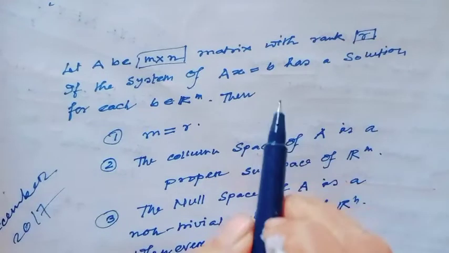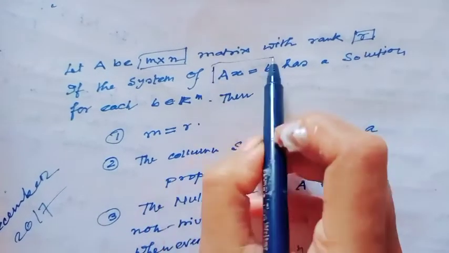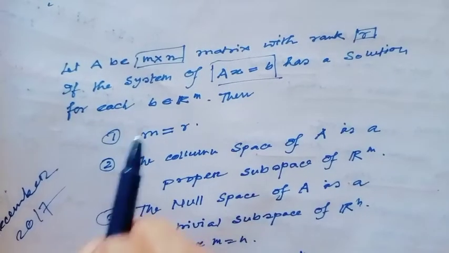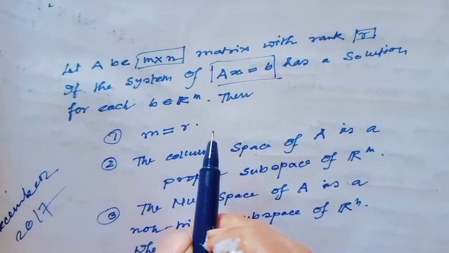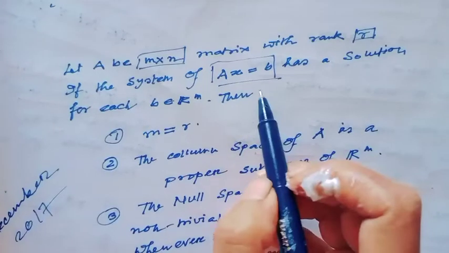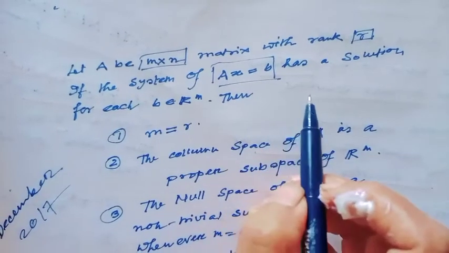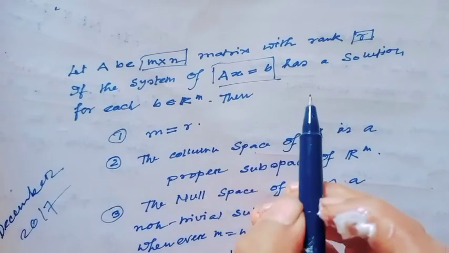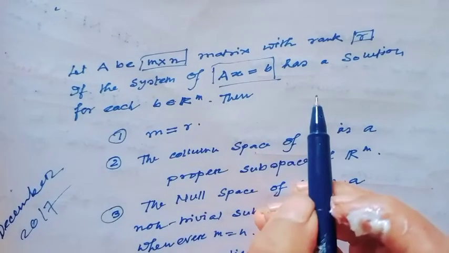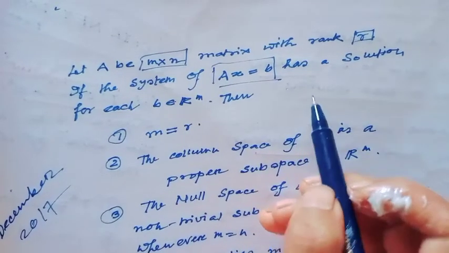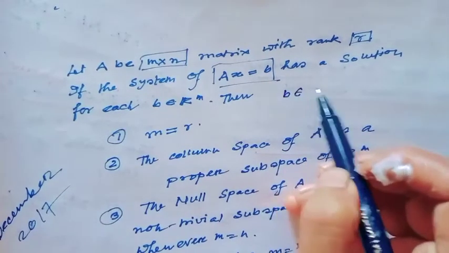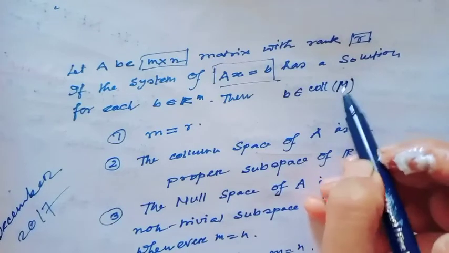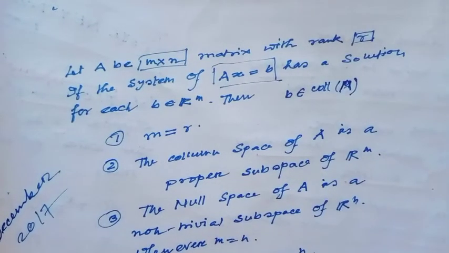Then the system of linear equations AX equal to B has a solution for each B belonging to R^m. Notice here this system of linear equations has a solution for each B. Okay, that means B obviously belongs to the column space of the matrix, here denoted as A.